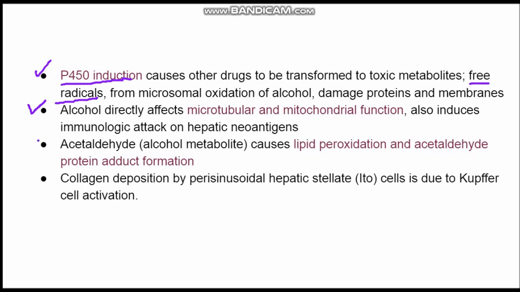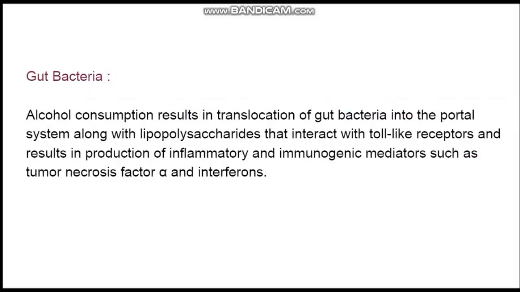Then a very important method is acetaldehyde, which we already discussed, converted from alcohol. Acetaldehyde also causes lipid peroxidation and acetaldehyde protein adduct formation. This is important. And lastly, it leads to stellate cell activation, which further leads to cirrhosis. So these are all the mechanisms by which alcohol acts in the pathophysiology of alcoholic liver disease.